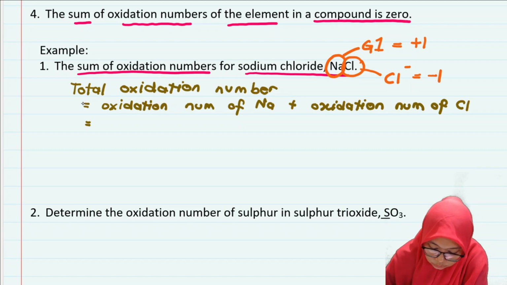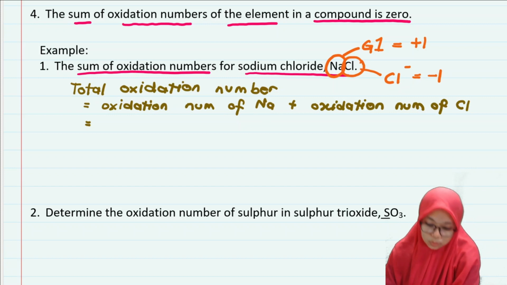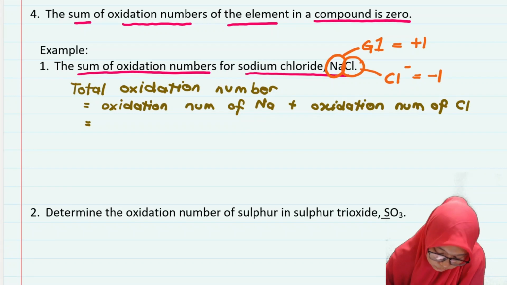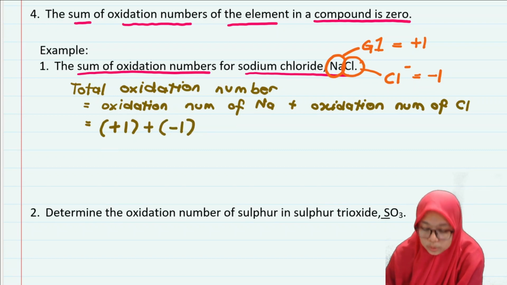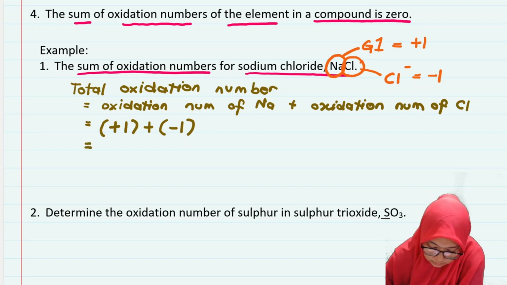So when we want to total up or sum the oxidation number of sodium and chlorine, we have to put +1 for sodium plus -1 for chlorine, and we end up with +1 plus -1, so you'll get 0.